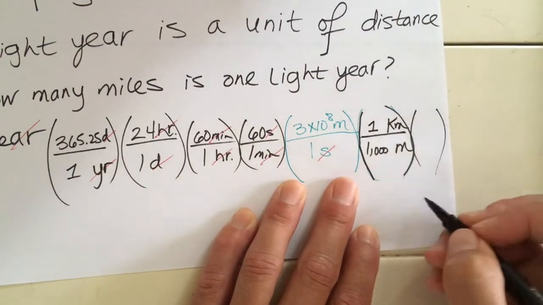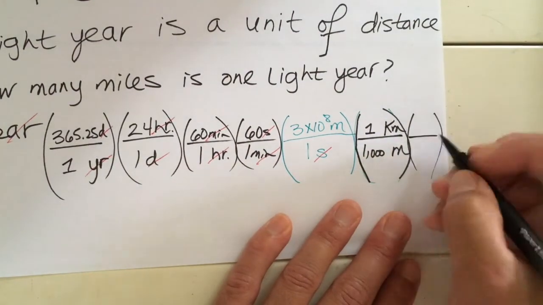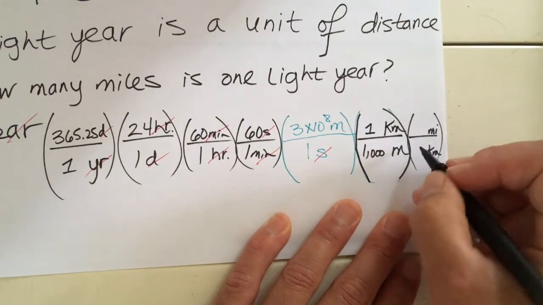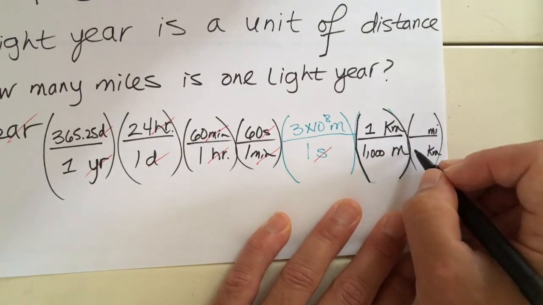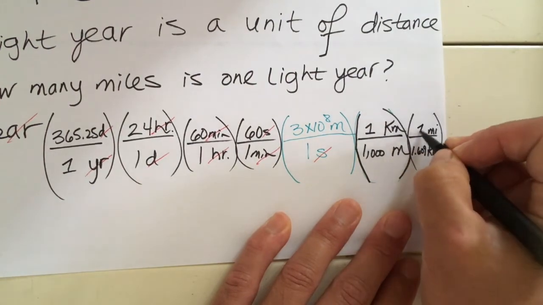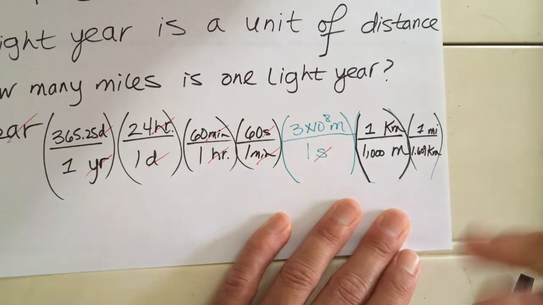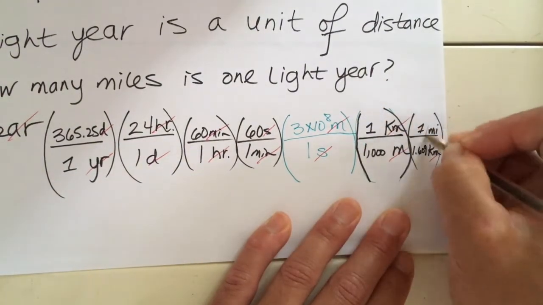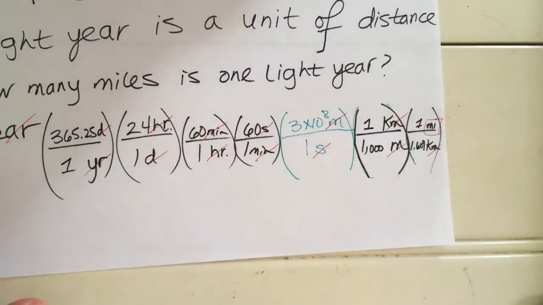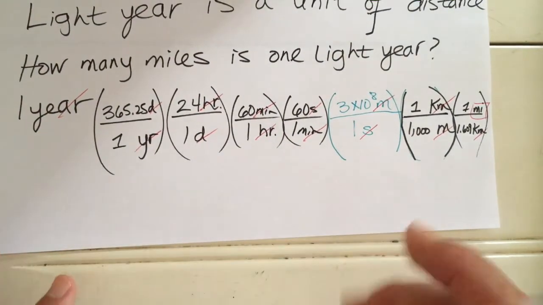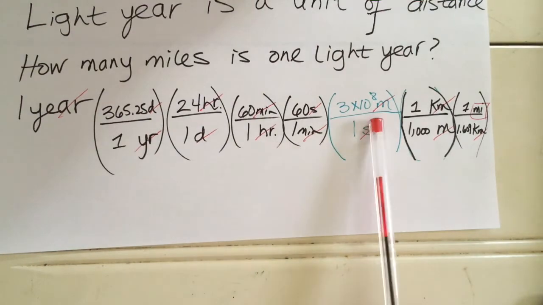And then we have to go from kilometers to miles, which is 1.609, and this is 1. So now I can cancel these meters, cancel the kilometers, and I'm left with miles. Went from years into miles, just like that, using the speed as a conversion factor.